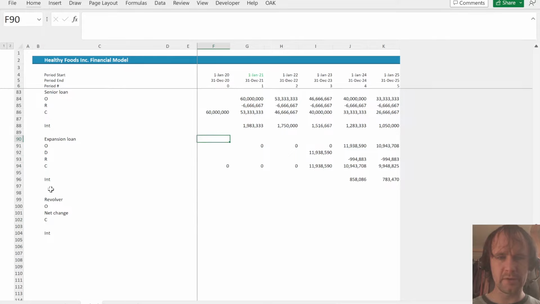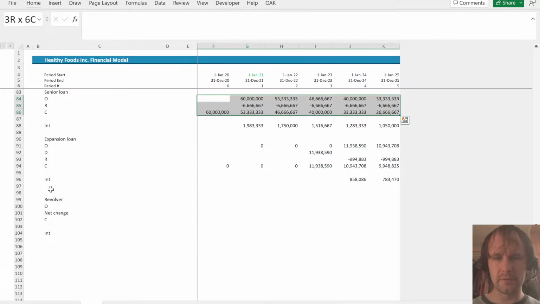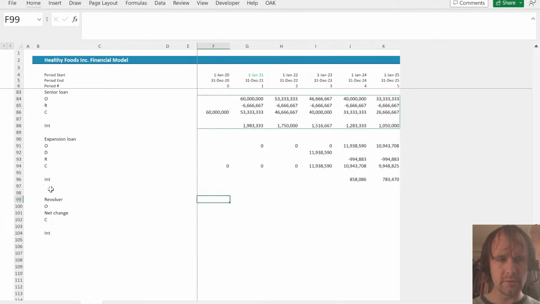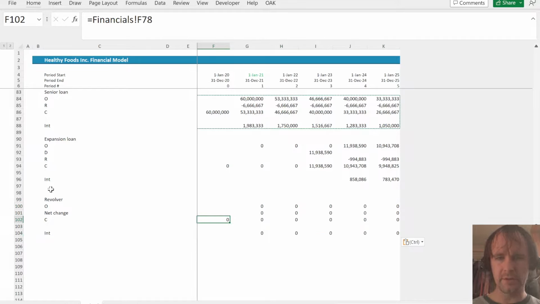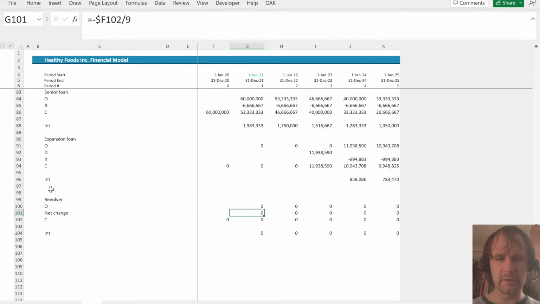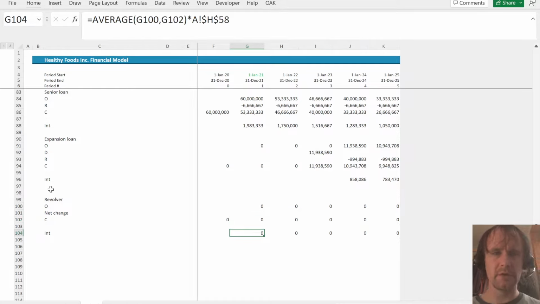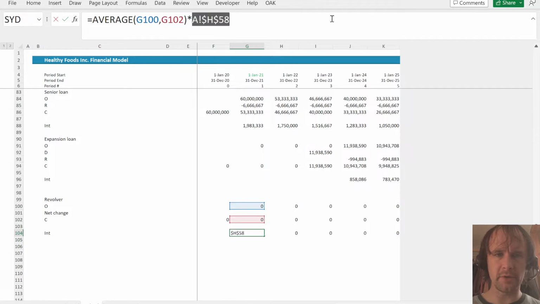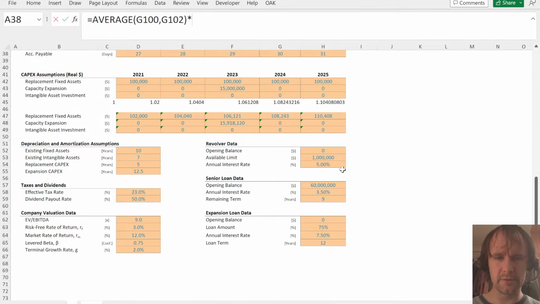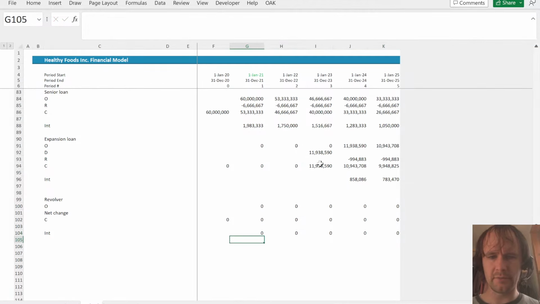And I'll take this, put it all down here. Starts at 0. That's TBD, that's fine. And then the interest, we just want to multiply by a different rate, which is here somewhere, here. Okay, and everything else we can kind of size later.